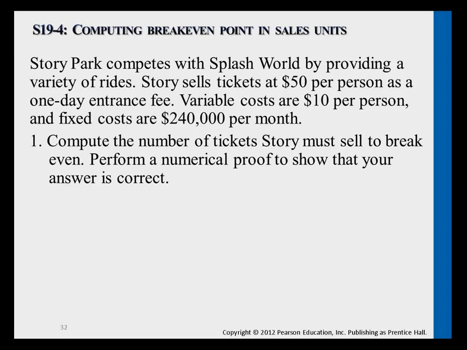So I'm going to take my variable cost, which is going to be what? 6,000 multiplied by 10, right? And then I'm going to take also 6,000 and multiply by sales, and that's going to be 300,000. So let me give you a minute to try it on your own first.